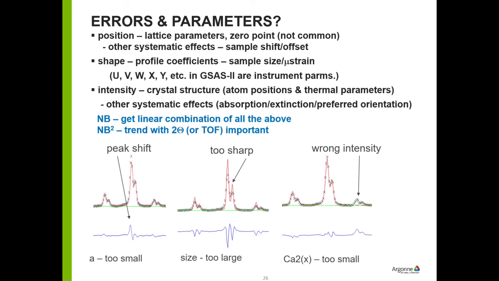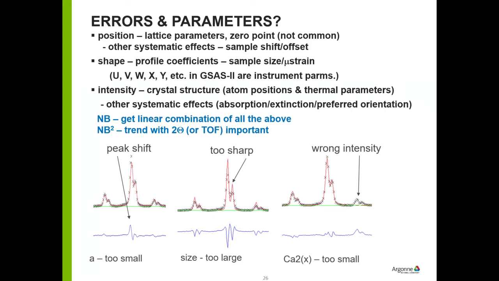The other problem is if you have a size that is too large, but it also could be microstrain too small, which is actually a more common situation, where the calculated peaks are too sharp relative to the observed ones. That's very typically what happens. And so what you then see, and it's a little hard to see this, is that the difference curve will go up and then down and then back up again and then back, because there's alpha 1, alpha 2.